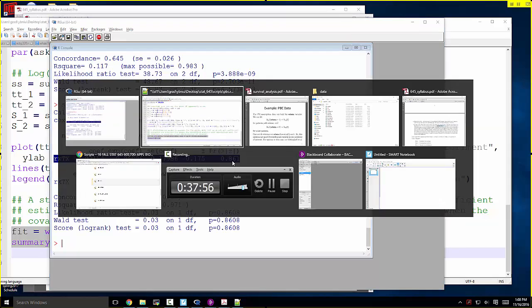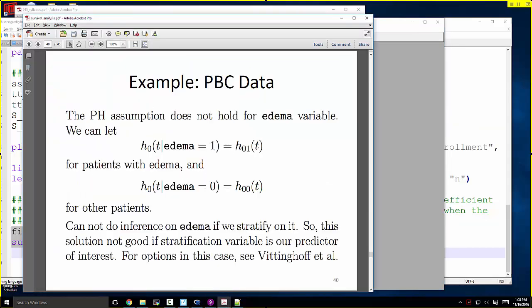So having non-proportional hazards is a bummer. There are things you can do to try to address it, like stratifying here. That does come with some drawbacks in that we cannot do estimation of effects on the variable we stratify on. It's also harder to do this stratification if the variable is numeric.